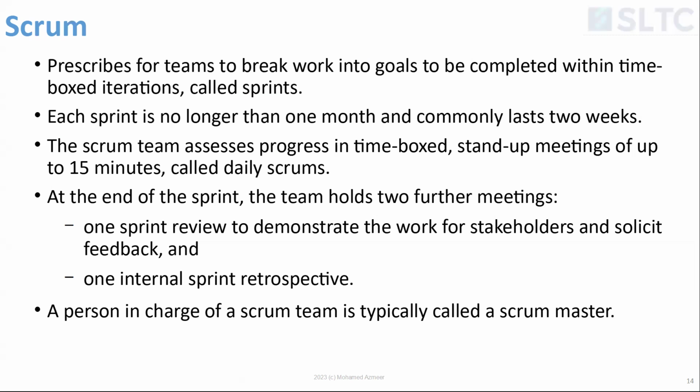At the end of the sprint, the team holds 2 further meetings. So once this is over, you have 2 meetings. One is called the sprint review, to demonstrate the work to stakeholders and solicit feedback. That is, you are demonstrating it to your customers, saying, look, this is what we've done in our sprint. And number 2 is the internal sprint retrospective.